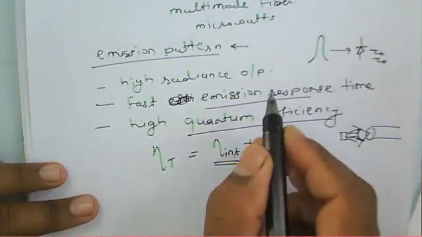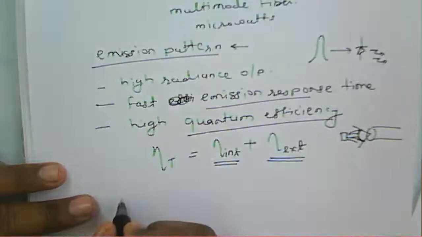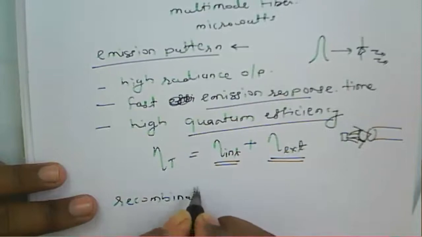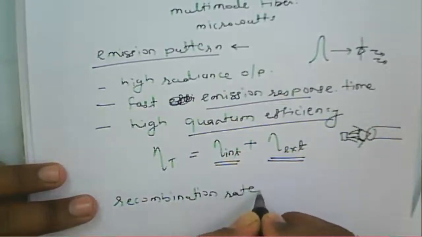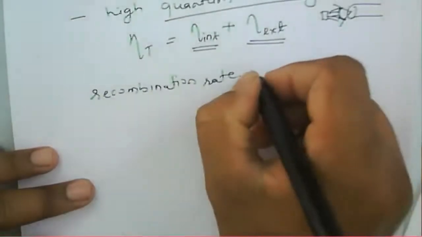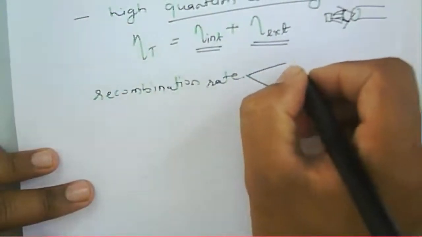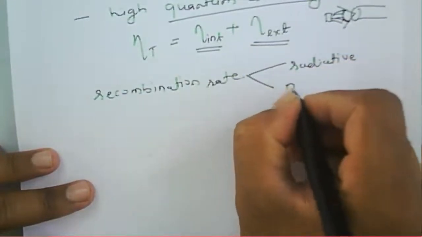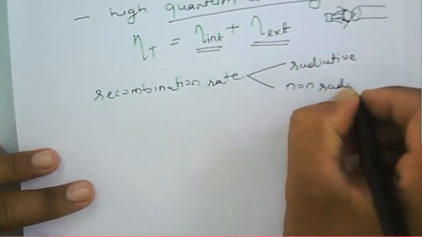It means the recombination rate. Recombination rate means what? The electron and hole recombination rate. But again, there are two types of recombination: radiative recombination and non-radiative recombination.